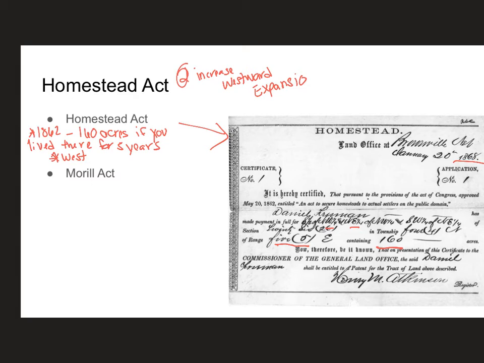The Morrill Act was the federal government gave states 30,000 acres of land for them to sell.